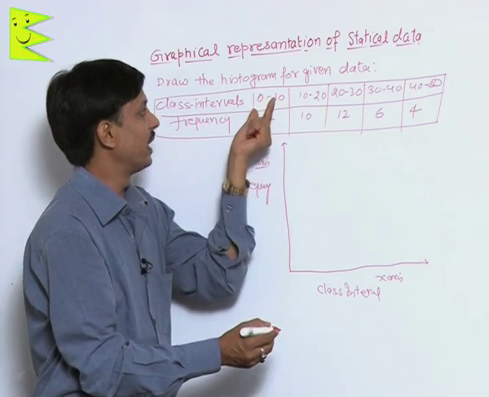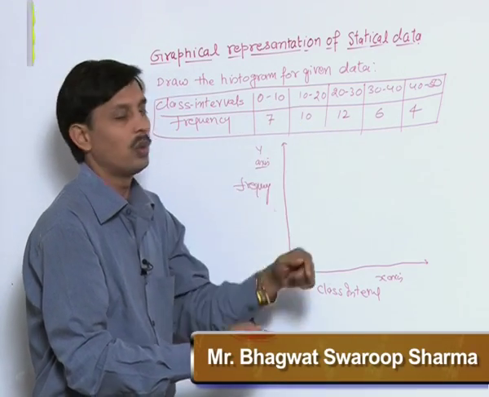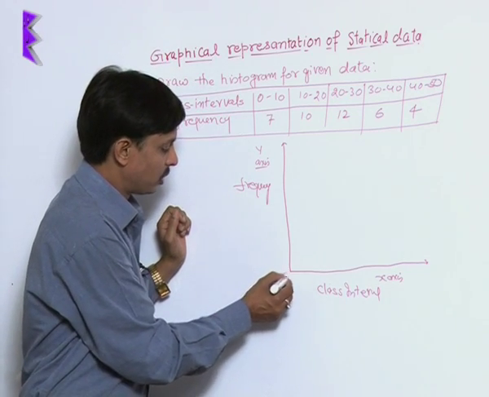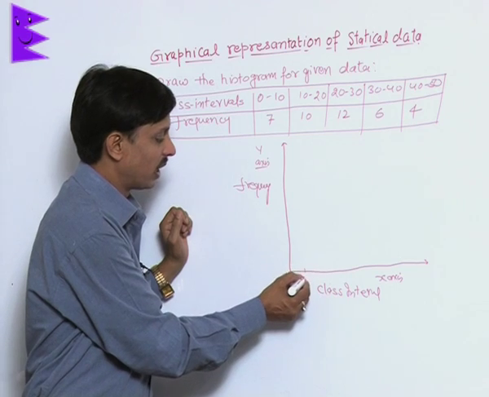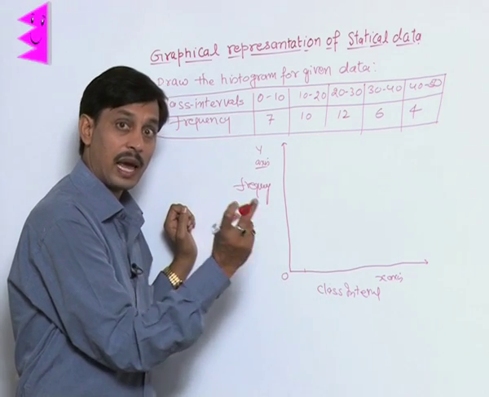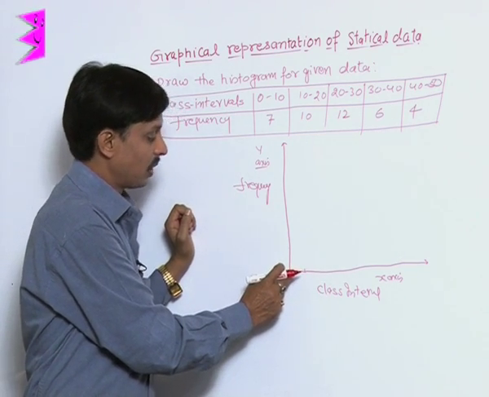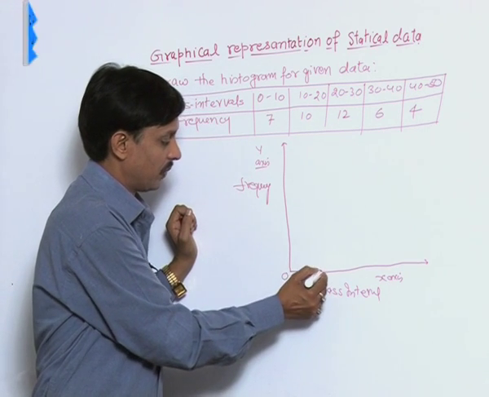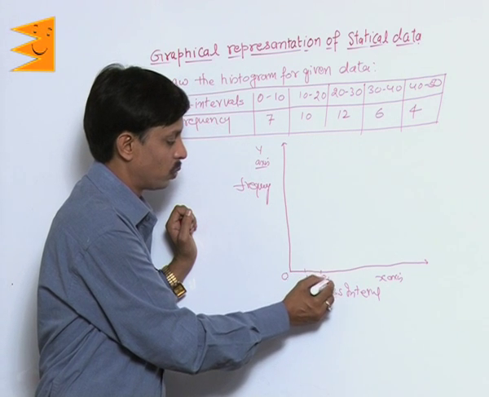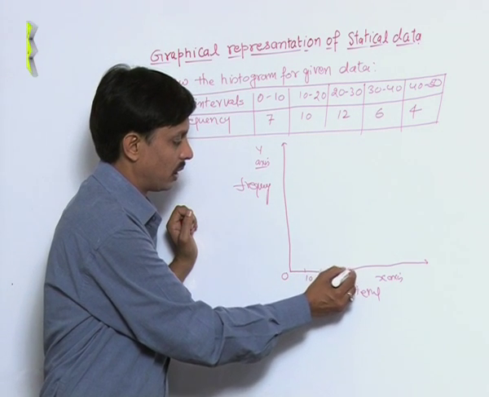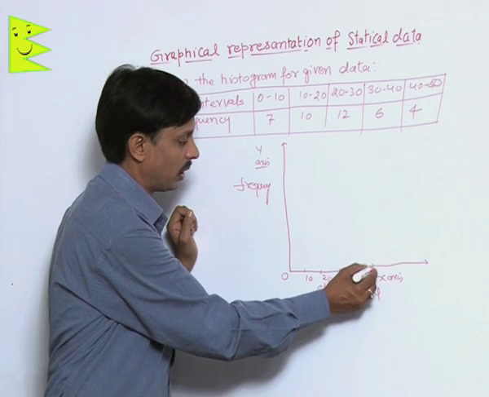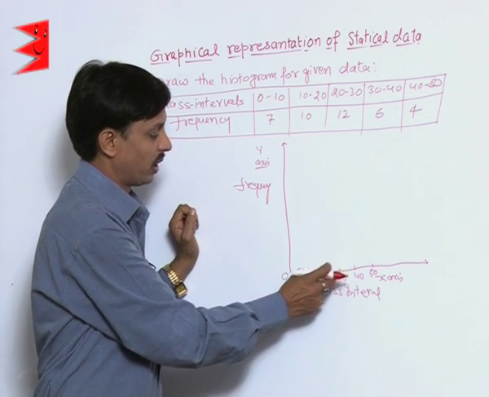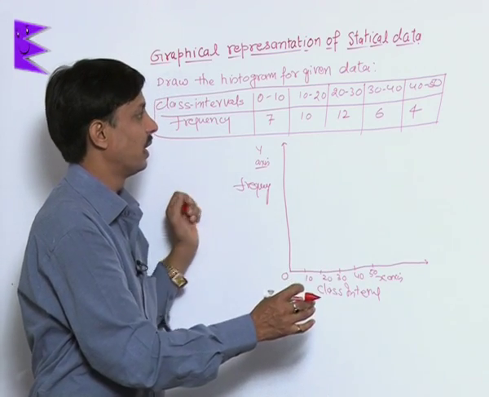Here the intervals are equally spaced. We know that the classes are 0 to 10, 10 to 20, so the class size is 10. This point is 0. After 10 small blocks it is 10, then 20, then 30, then 40, then 50. So 0, 10, 20, 30, 40, 50 are taken here.